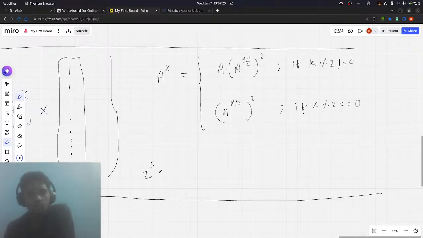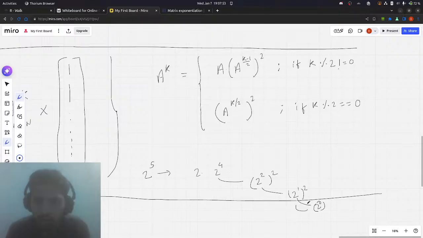It will be 2 into 2 to the power 4, and this 2 to the power 4 can be written as 2 to the power 2 squared, and this 2 to the power 2 as 2 to the power 1 squared, and if the power is 0 we simply return 1.